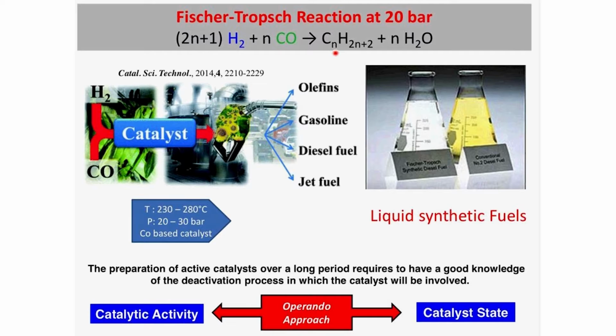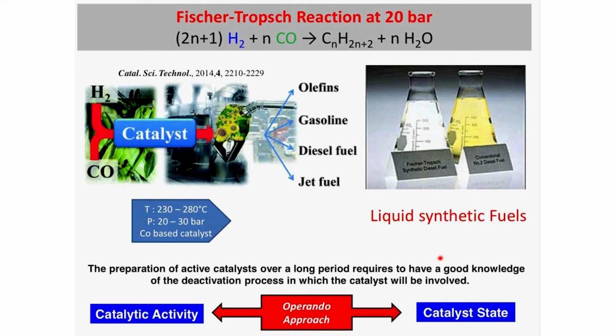The scope, of course, is to form these liquid hydrocarbons in order to have, at the end, liquid synthetic fuels. The active species for the Fischer-Tropsch reaction are metallic cobalt nanoparticles, which are dispersed at the surface of an alumina support.